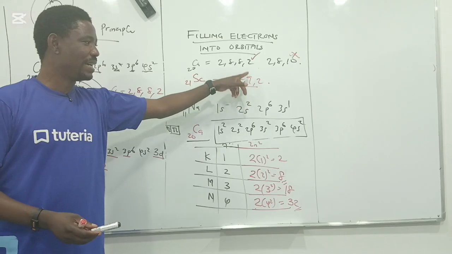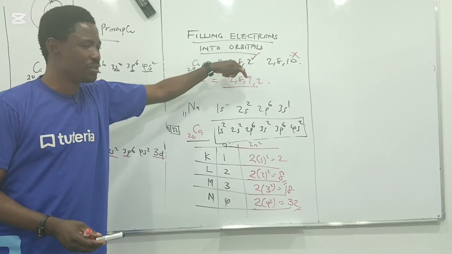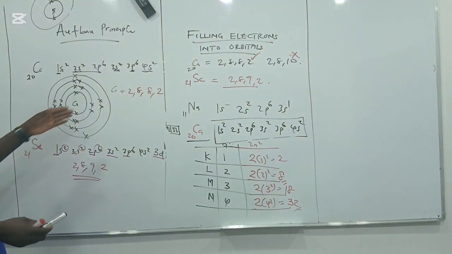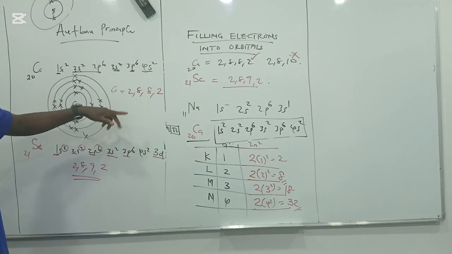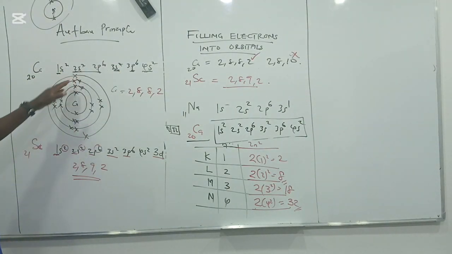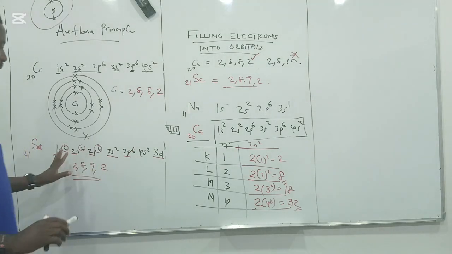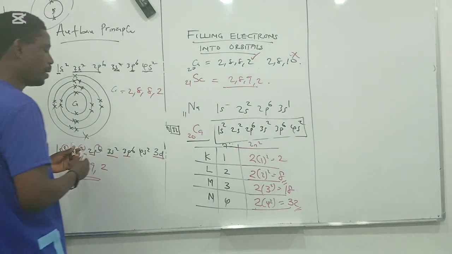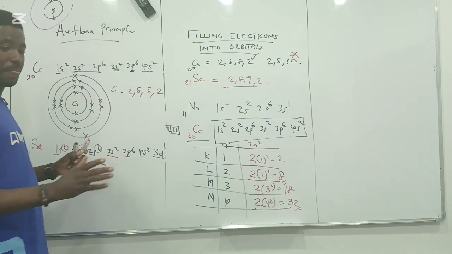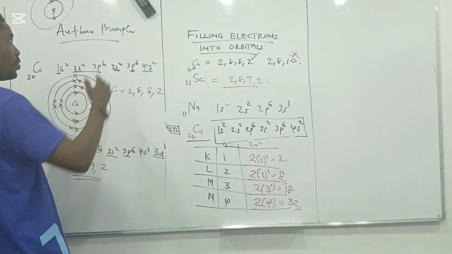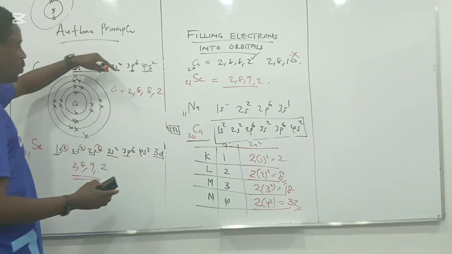So you can see now that electrons will continue to go into this third shell. The reason why calcium is 2, 8, 8, 2 is that there are no d orbitals for the first 20 elements. There is this kind of energy overlap between the 3d and 4s orbitals, and that is where the issue is, and most people don't know it.